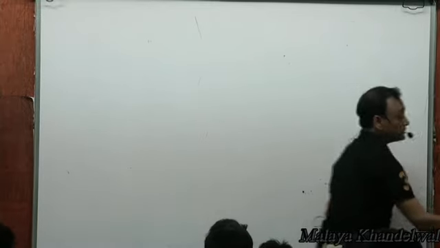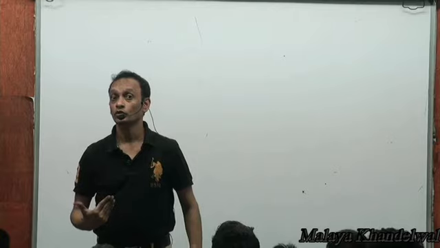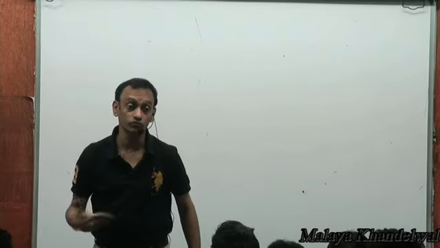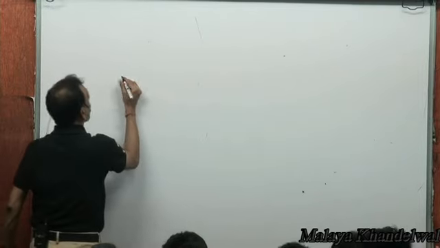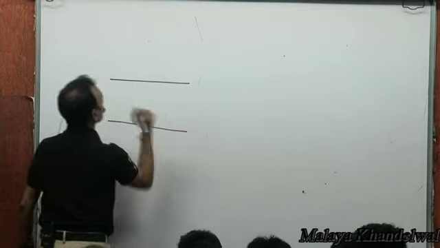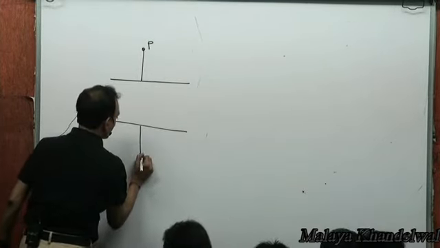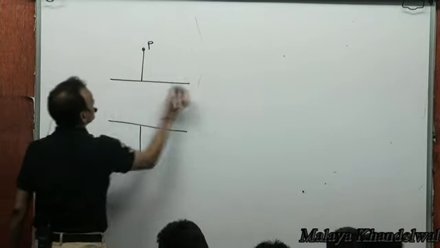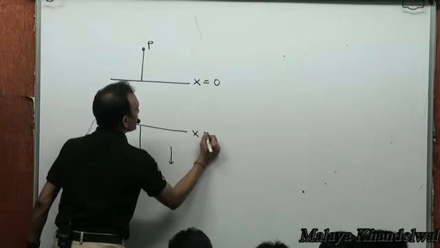Now, you could have a dielectric medium between the plates of the capacitor which is continuously varying. Suppose this is x equal to 0, this is the x direction, and this plate is x equal to d.